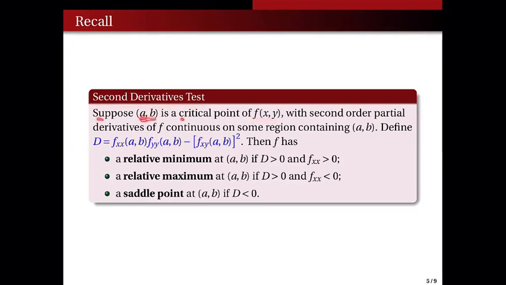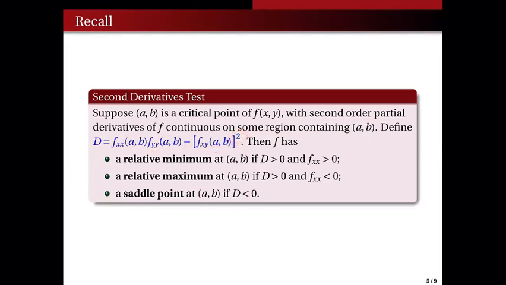So suppose (a, b) is a critical point of the function f, with second order partial derivatives of f continuous on some region containing (a, b). Okay? And then we define this capital D as f sub xx at (a, b) times f sub yy at (a, b) minus f sub xy at (a, b), quantity squared.